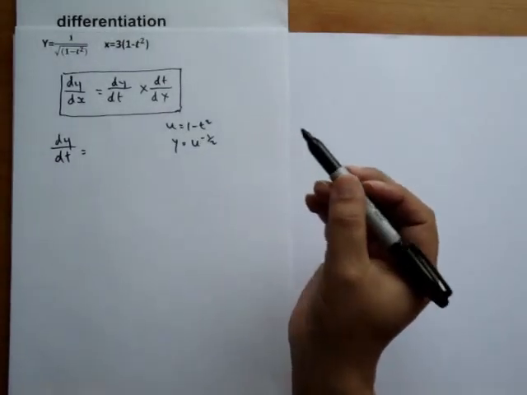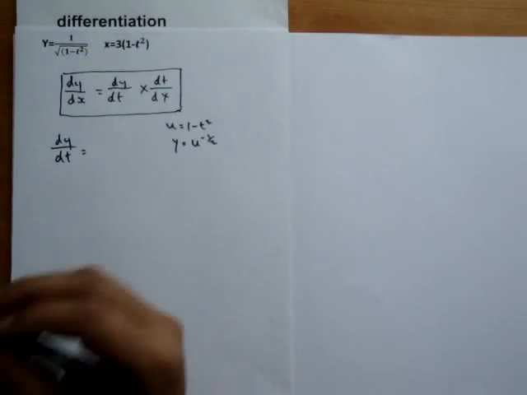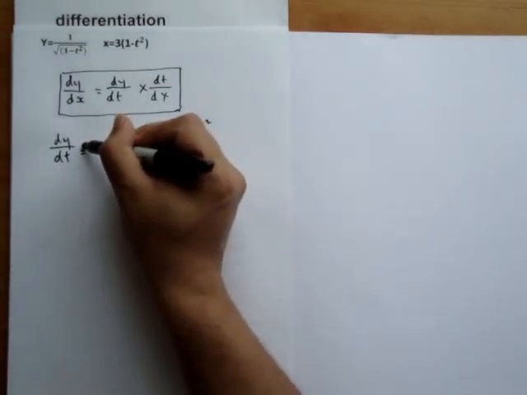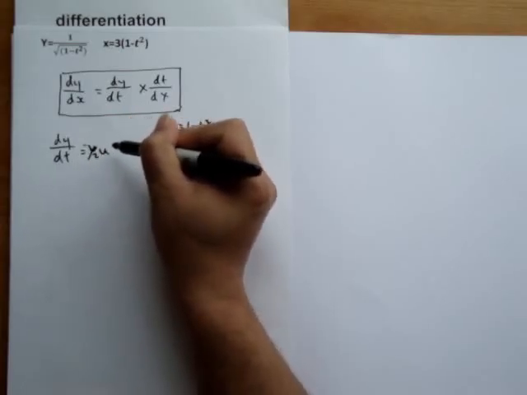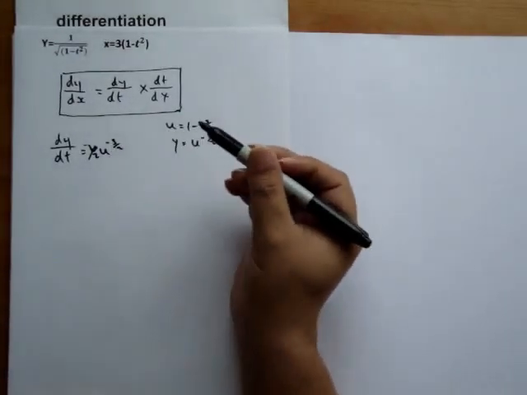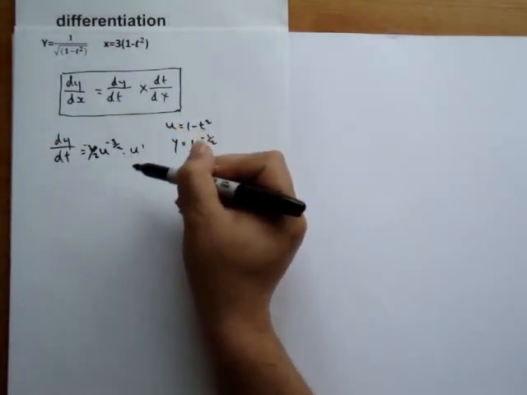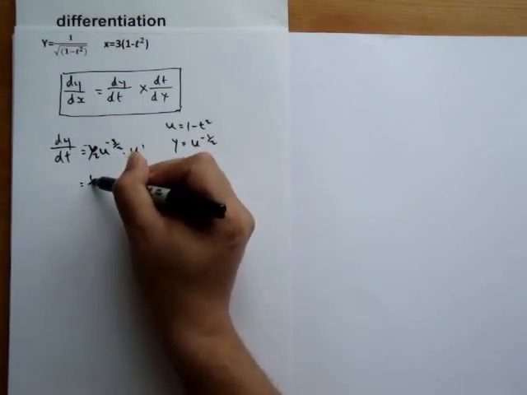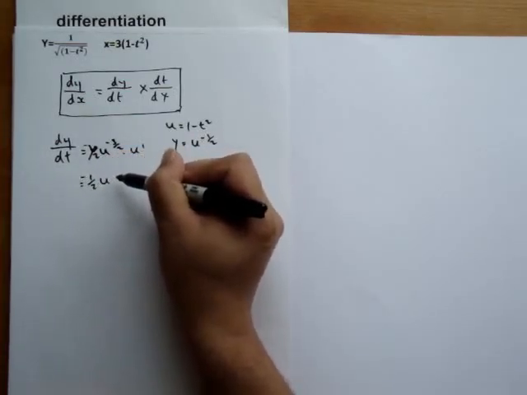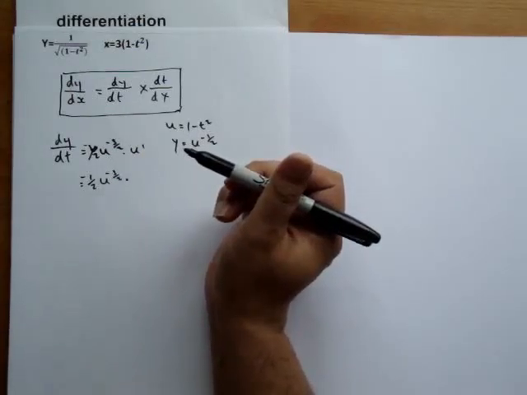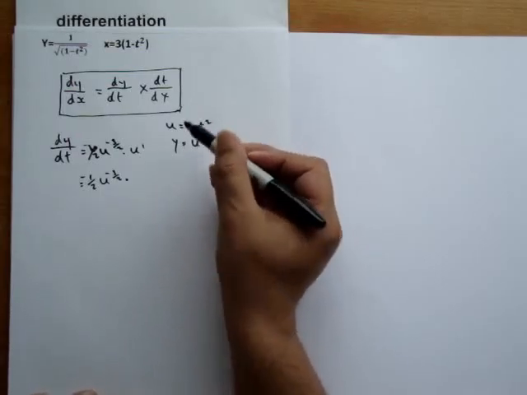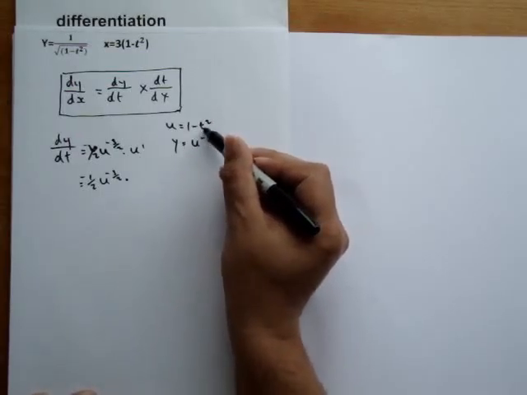When differentiating, dy by dt becomes minus half u to the minus 3 over 2 multiplied by u prime, which is over there, which is minus 2t.